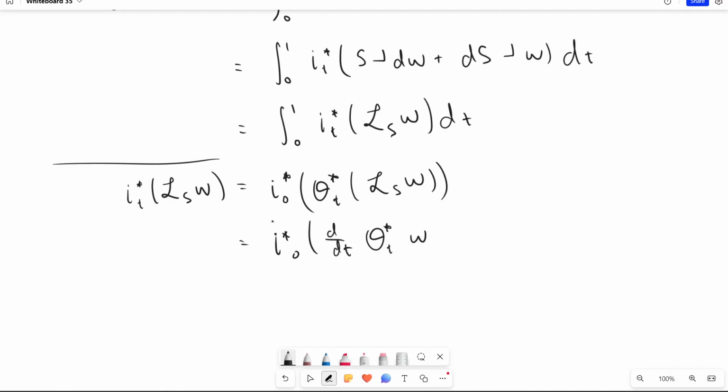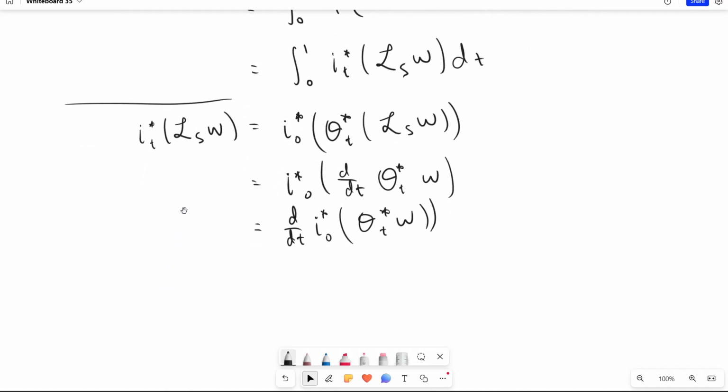So this is taking the derivative at time t rather than at time 0, like you normally would with the Lie derivative. And then I can commute these two. So it's just d dt of I_0 star of theta t star omega.